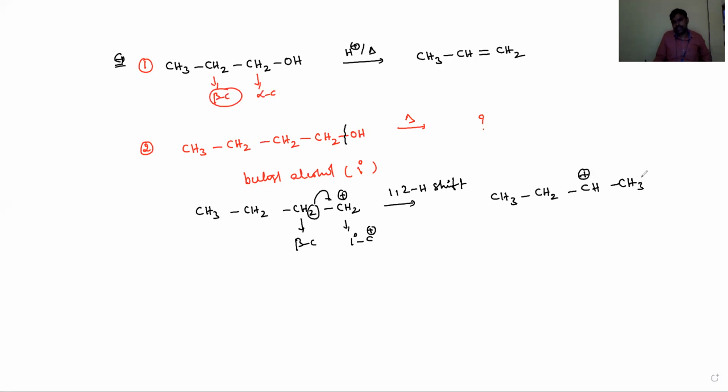Now 2 beta carbons are present. This is beta 1 carbon and this is beta 2 carbon. You have to remove a hydrogen atom from either of the beta carbons.